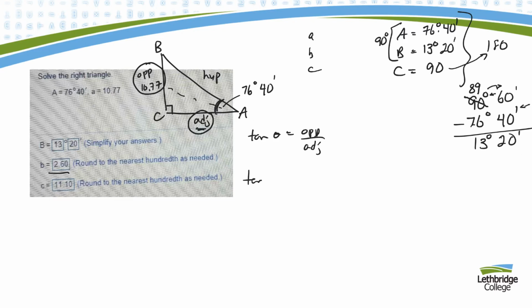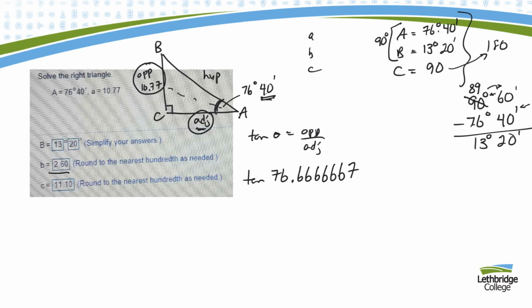So the tangent of 76 degrees, now this, I can't put that in my calculator. So if I take 40 and divide it by 60, I get 0.66, but I would use a bunch of sixes there. You could round it to 0.67, but I'd use a bunch of sixes in there before you start putting in a 7.